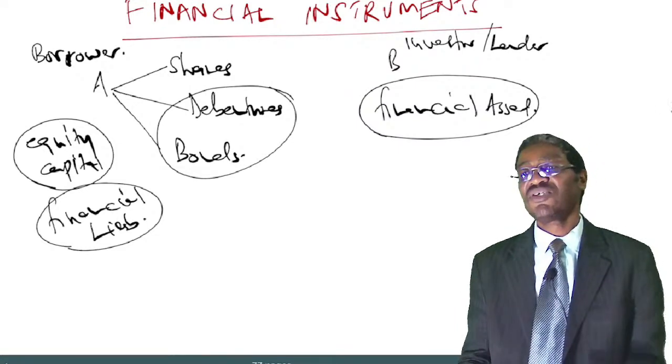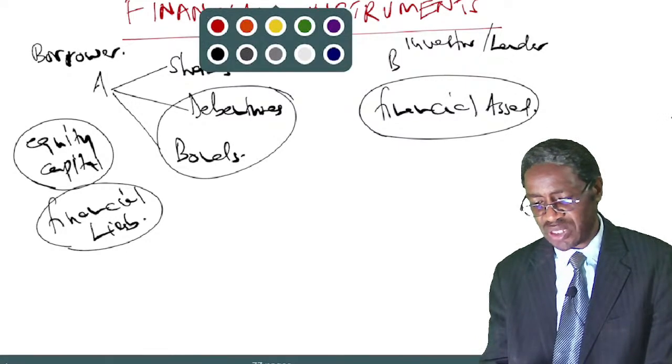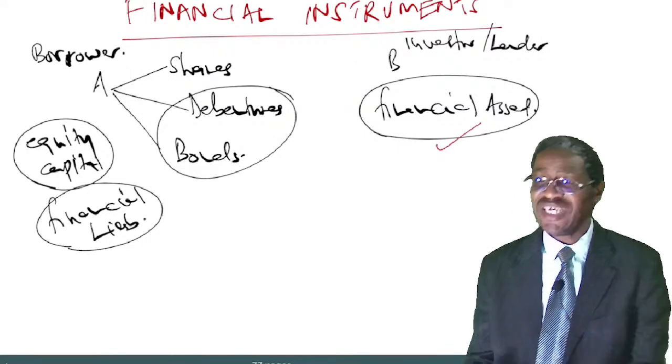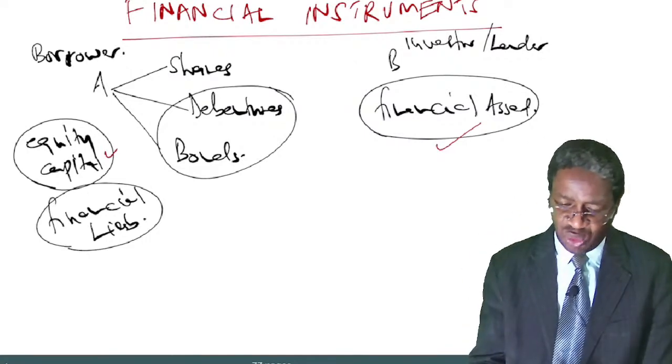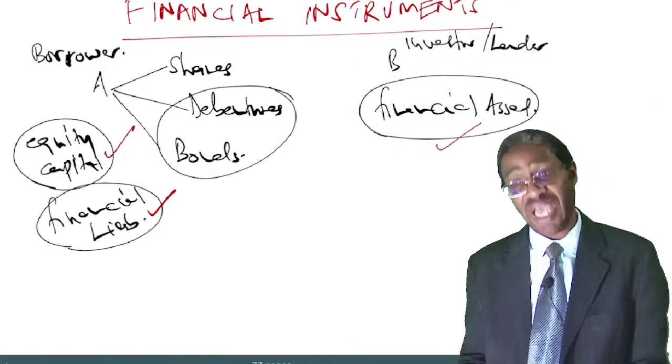Listen, to the investors, it creates a financial what? Asset. To the borrower, it creates either equity capital or financial liability.